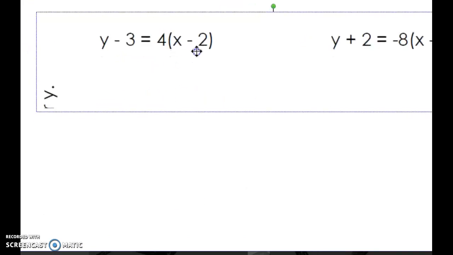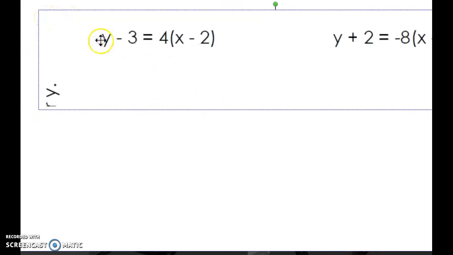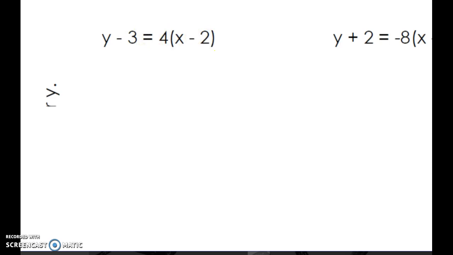So this is in point slope form. You have y minus y1 equals m parentheses x minus x1. So I'm going to change this to look like slope-intercept. Slope-intercept, I'm just going to write this over to the side, is when you have y equals mx plus b.